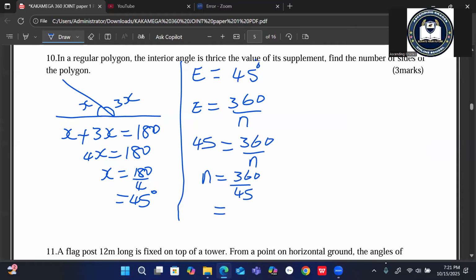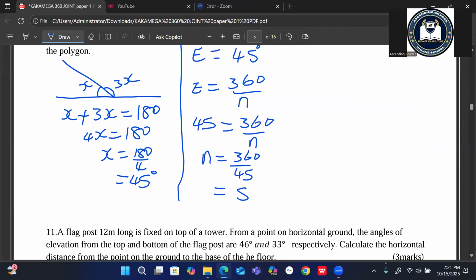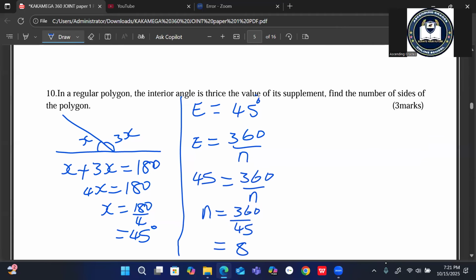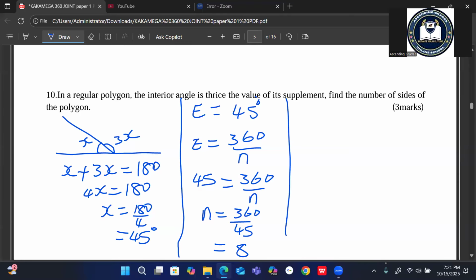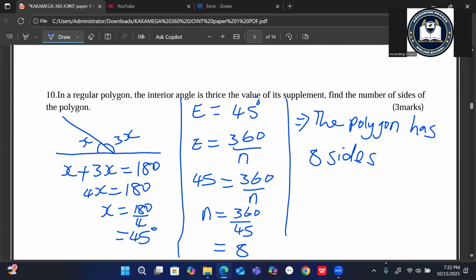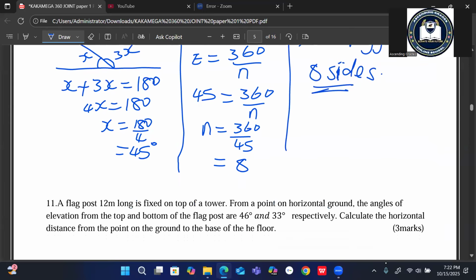When you divide 360 by 45, you will get 8. So this implies that the polygon has 8 sides. So that is it, the number of sides of the polygon. The polygon has 8 sides.